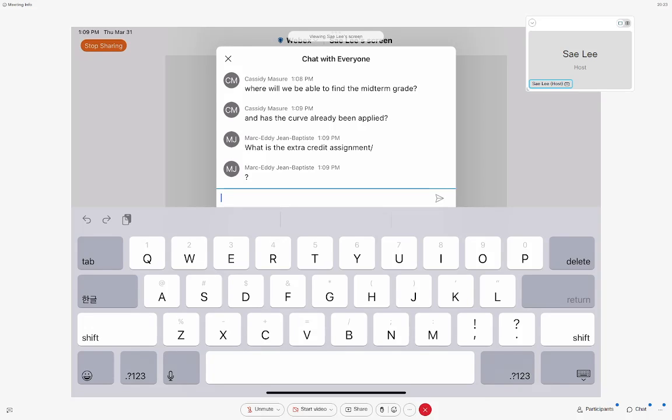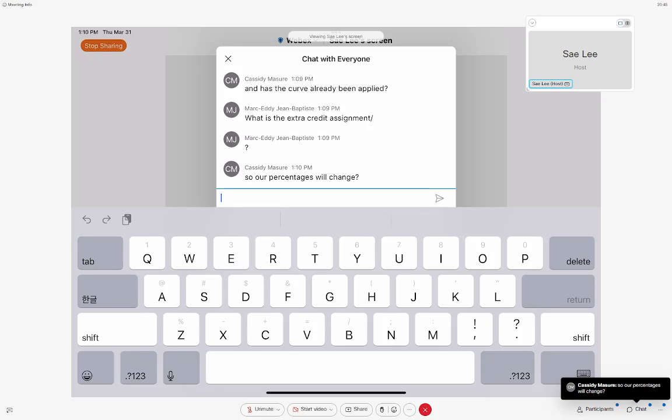Has the curve already been applied? The curve has already been applied, but I haven't entered the grade into the system yet. I will do that by today. But again, if you need to know your midterm percentage and midterm letter grade immediately, you can email me. I will send you the percentage and letter grade right after the class.